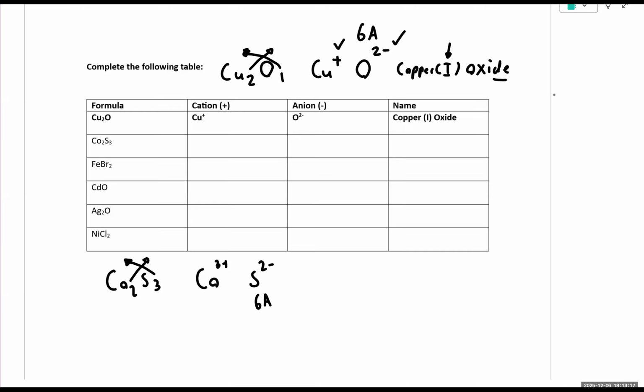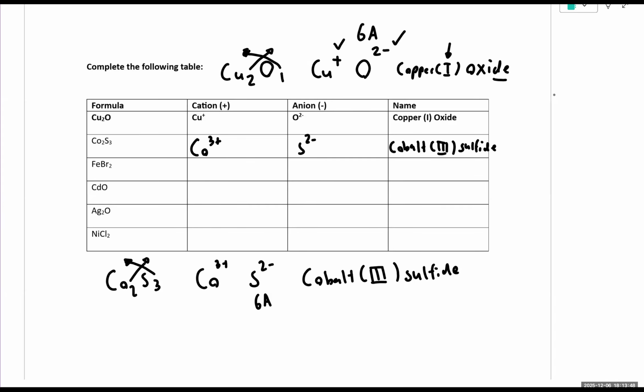That tells us this cobalt has a 3+ charge, which means this would be named as cobalt, Roman numeral 3 for this 3+ charge, and then instead of sulfur, this would be sulfide. So we'll name this as cobalt 3 sulfide.